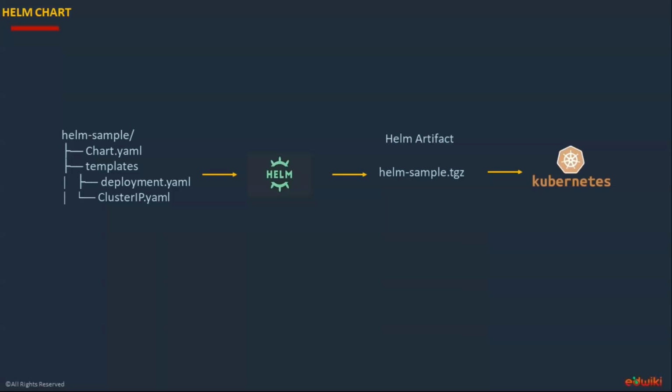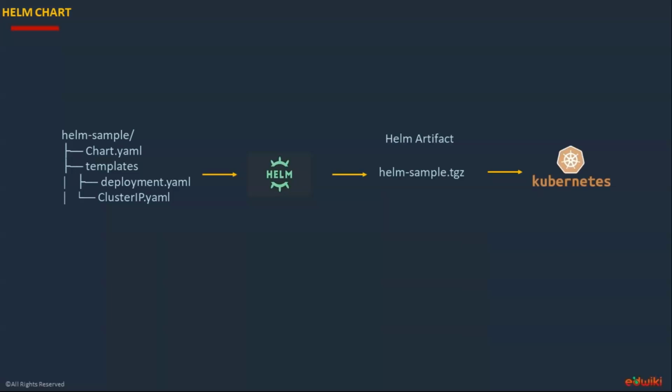Helm is just trying to put your files into a package format. And when it comes to the deployment, your .tgz file will get extracted, you will get the actual manifest files, and only those manifest files will be deployed into Kubernetes.